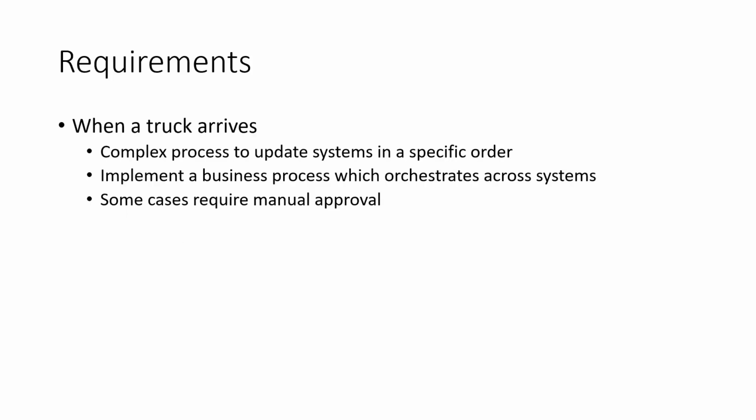So in this case, when the truck arrives, we have a more complicated integration process. Instead of just cascading a fan out of events to systems, we've actually got to orchestrate across those systems. So we might go to system 1, do something, then 2, then 3, then back to 1, and sometimes there might even be manual processes in place.